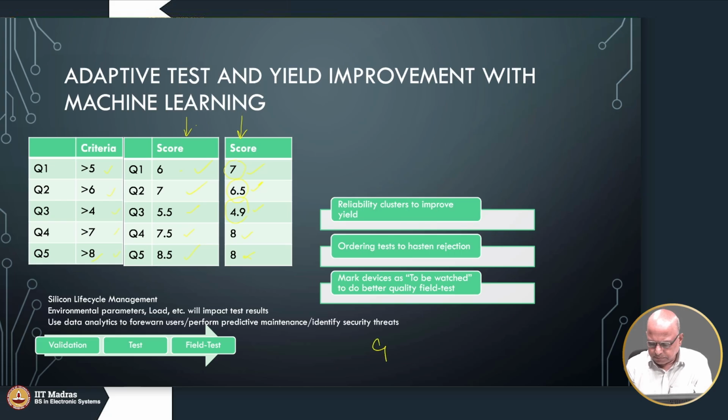So we need to grade the chips. In fact, there may be several markets for the chip. So where will you send a chip which has this profile, and where will you sell a chip which has this profile?